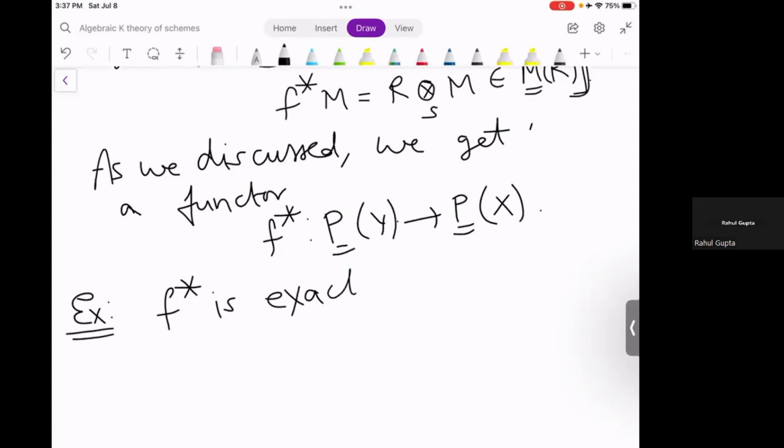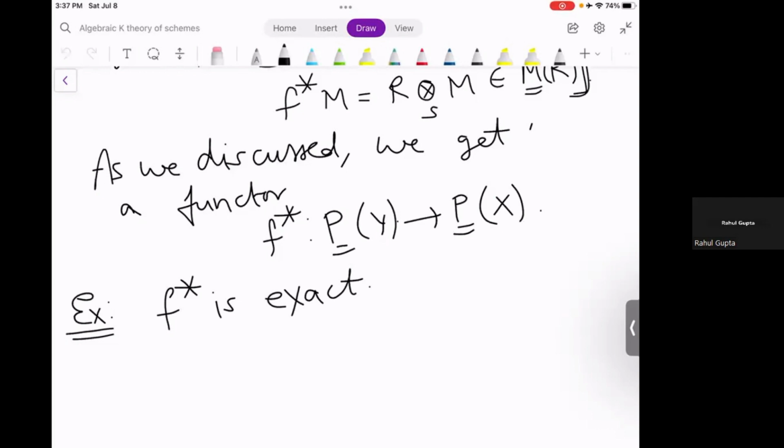It just follows that if I have an exact sequence of projective modules and tensor with any algebra, so if I have an exact sequence of S-modules and tensor with R, it will still remain exact. Okay, and you have to see that this exactness condition you can check locally, and locally it follows from the statement I just made. Is it okay?